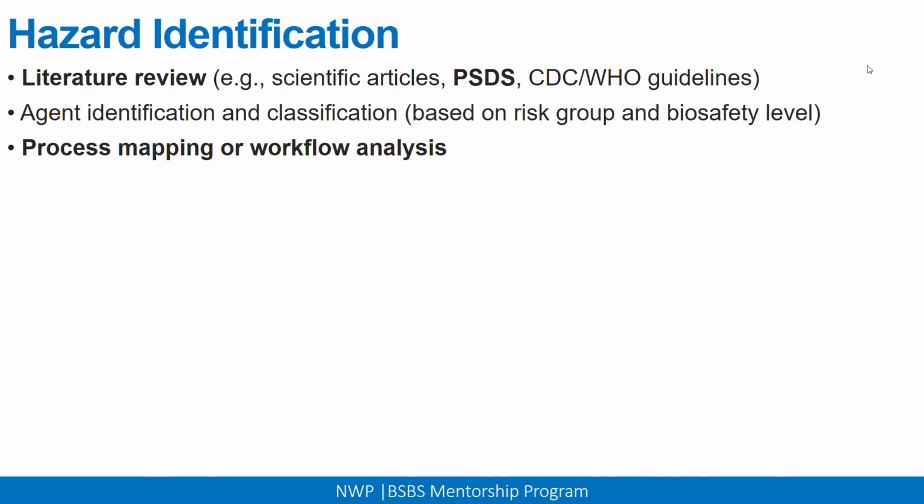Then another way you can identify hazards about a certain work practice or a certain activity that you want to do a risk assessment on is doing what we call a process mapping or workflow analysis. So you may be doing a risk assessment on how you test for hepatitis.